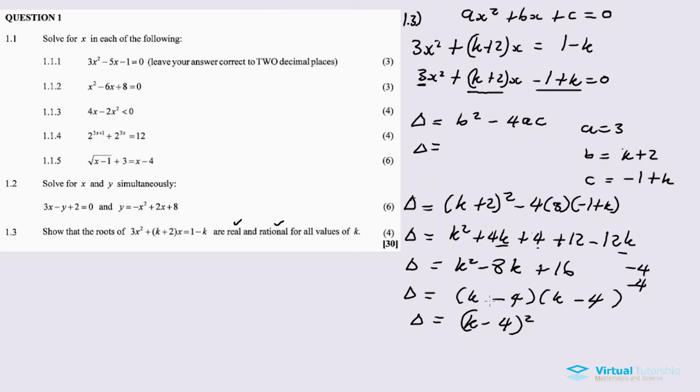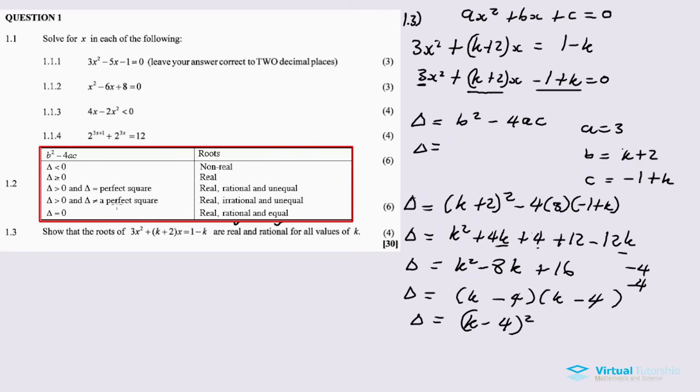Why is it squared? Because the brackets are the same. Now, we need this as well: show that the roots are real and rational for all values of k, right?